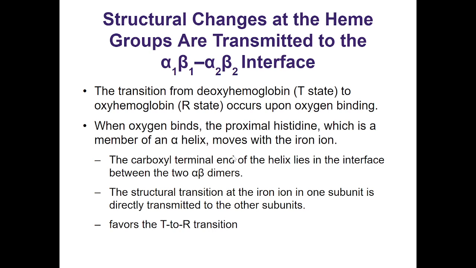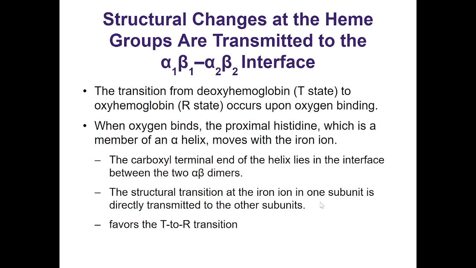When the carboxyl terminal of the helix lies in the interface between the two alpha beta dimers, the helix has a carboxyl group that lies in that interface that closes and opens when we go from T and R state, right? The structural transition at the iron ion in one subunit is directly transmitted to the other subunits.